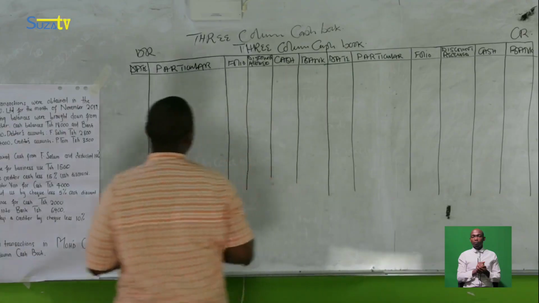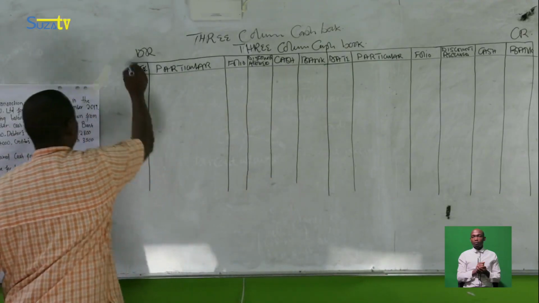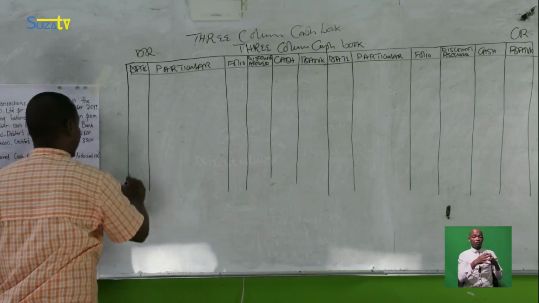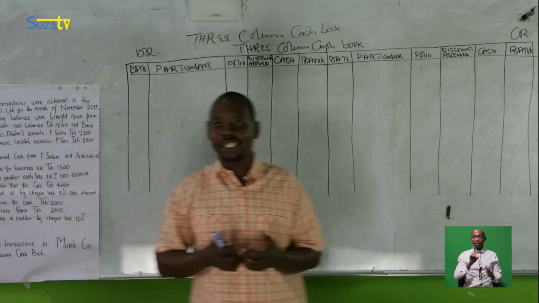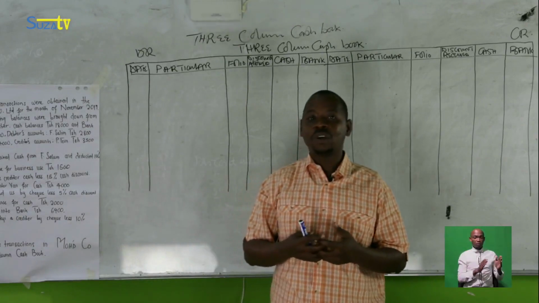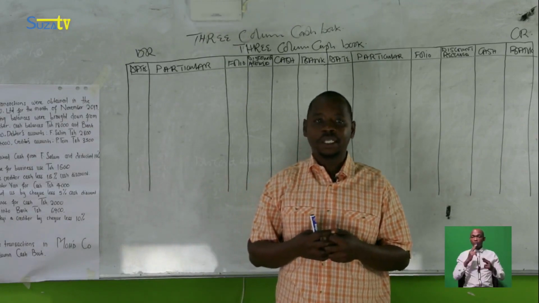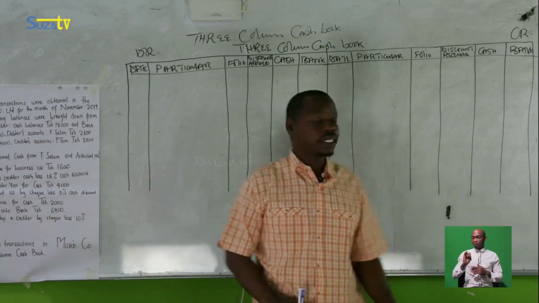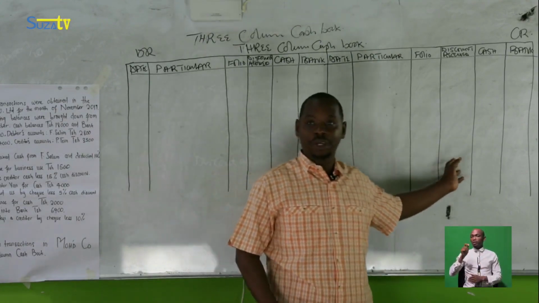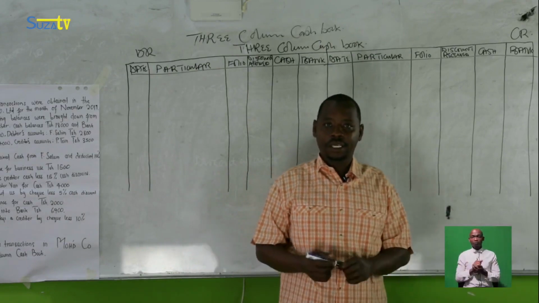This is the format of the 3-column cash book. It has only 2 sides, the debit side and the credit side. And we have already discussed that the debit side is the side of receipts, and the credit side is the side of payments.